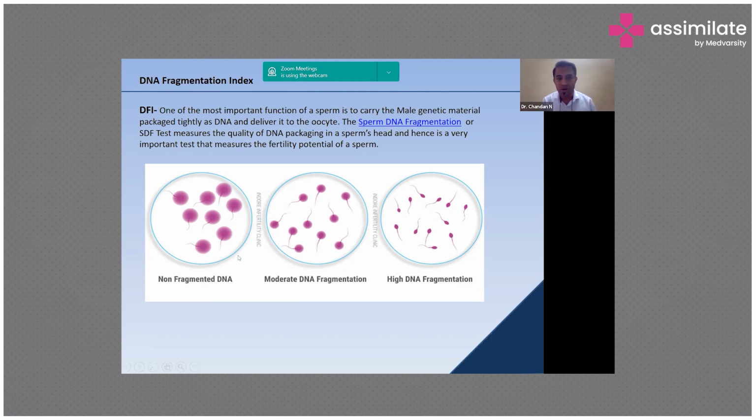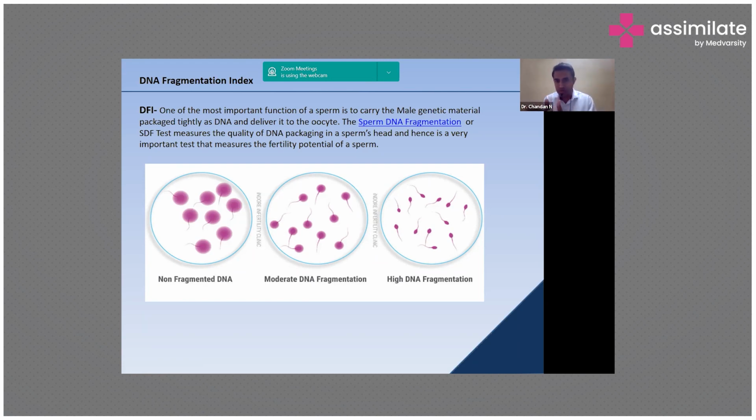So this test is called the SCD method, that is the sperm chromatin decondensation method. Here you can see three pictures. The sperms are subjected to a series of steps, which we call the standard protocol for DFI.